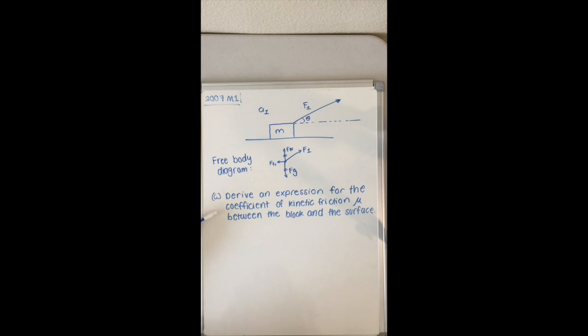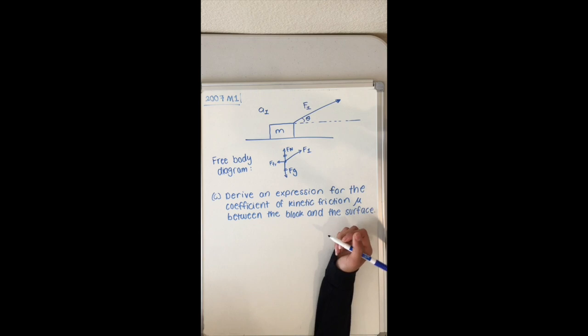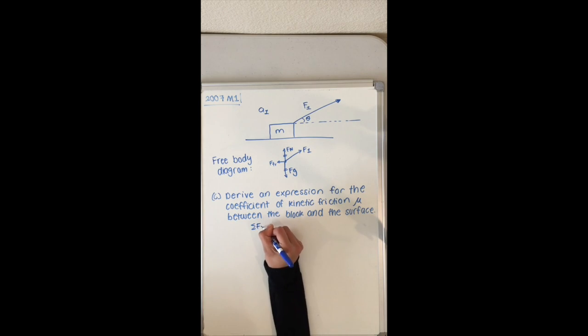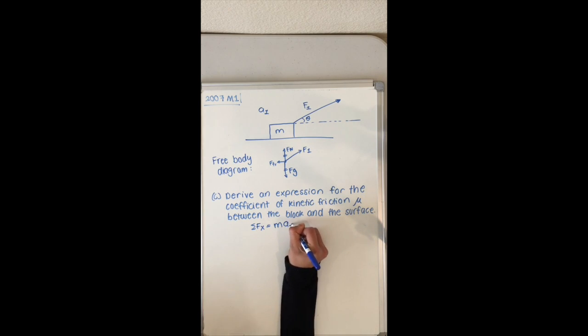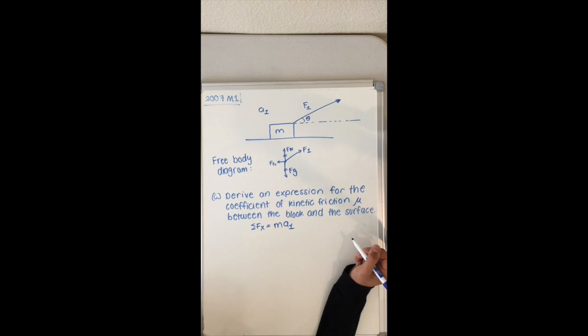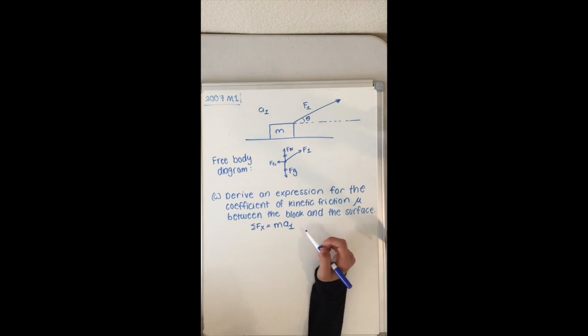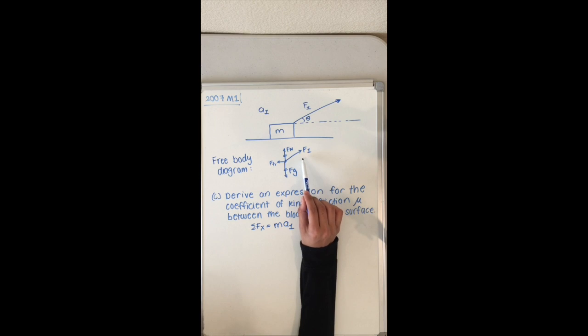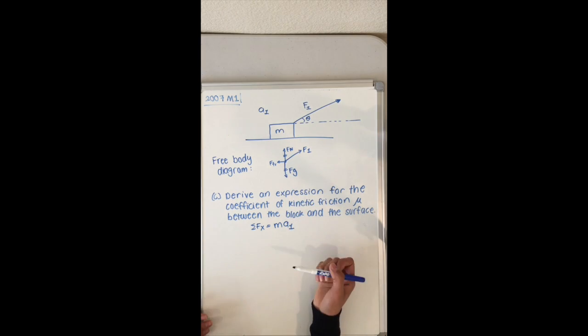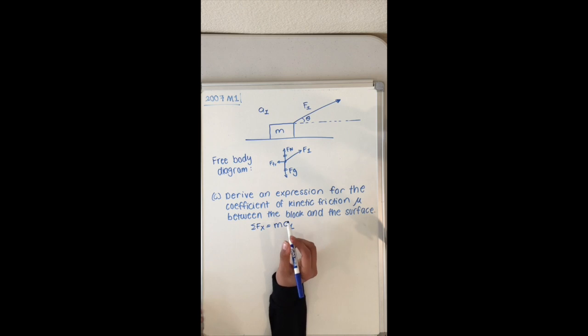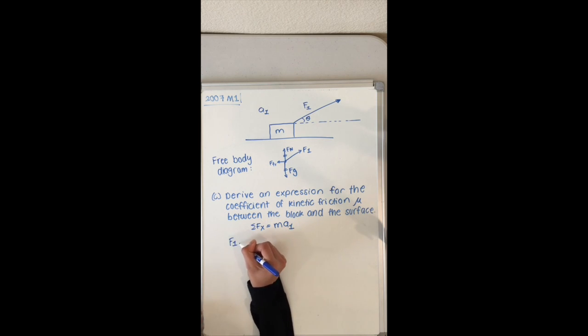So the next question is, derive an expression for the coefficient of kinetic friction mu between the block and the surface. So this time we can create a force equation, but in the x direction. We know that the net force in the x direction equals ma1. And the forces acting in the x direction are the x component of F1 and the force of friction. So the x component of F1 is F1 cosine theta.